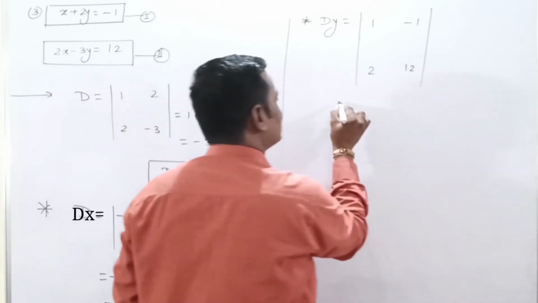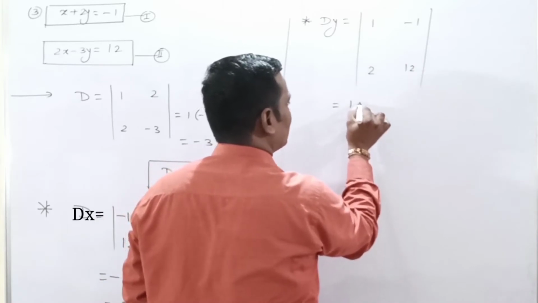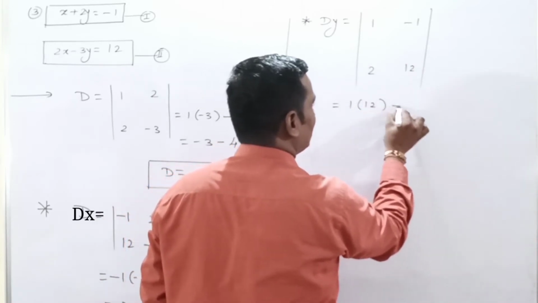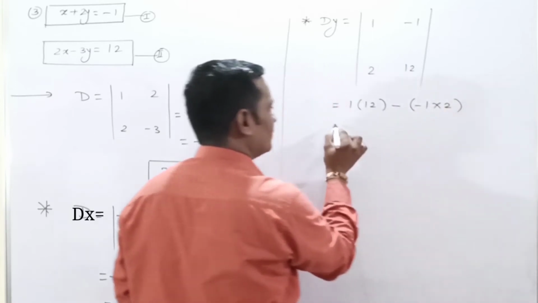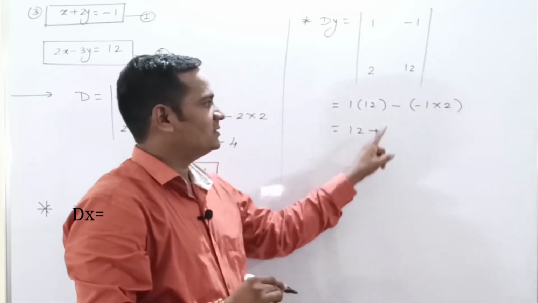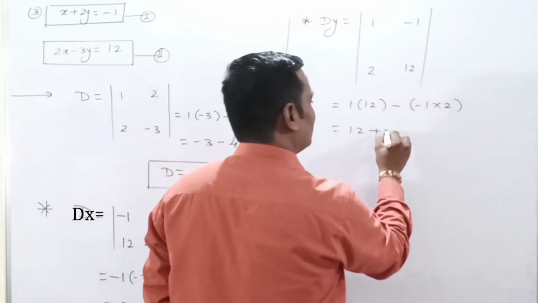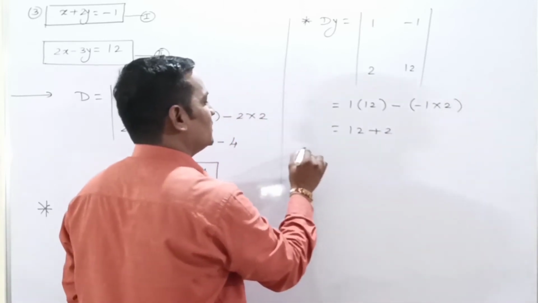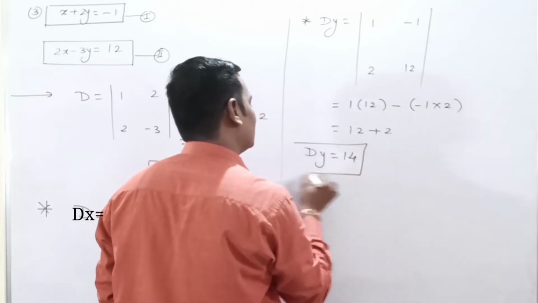So let's find out that answer over here. 1 into 12 minus, now look at this, minus 1 into 2. So 12 ones are 12, plus, how this plus, minus minus will become plus now. So 2 ones are 2. So that answer will be Dy is equal to 14, like this.